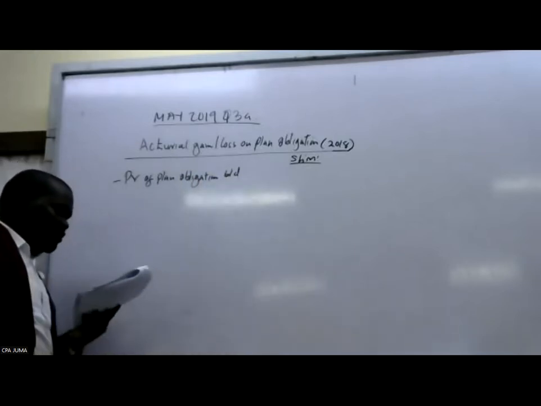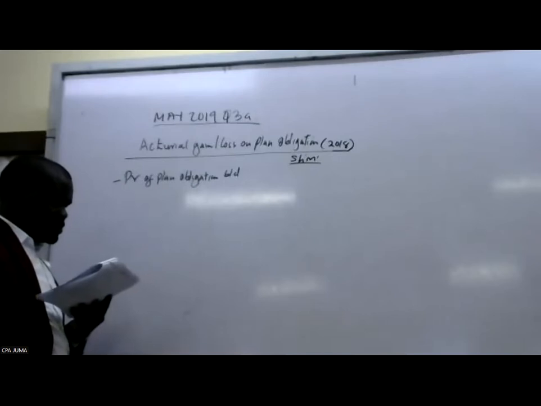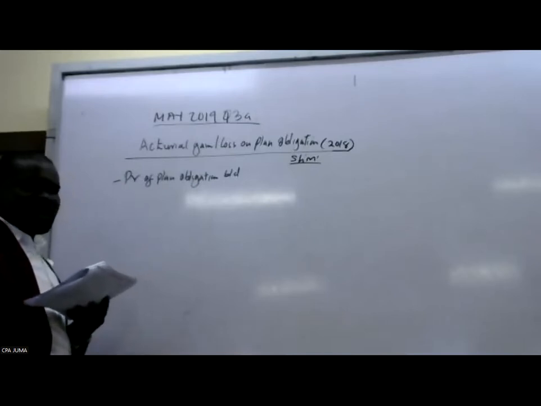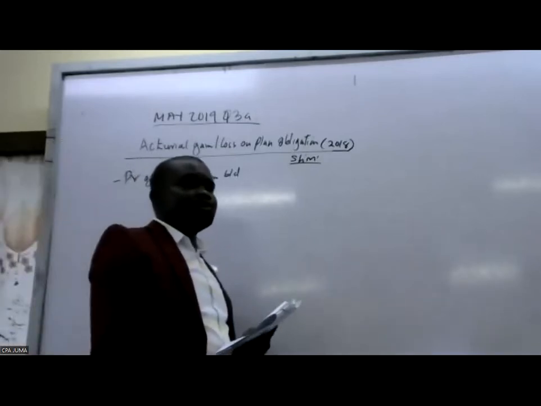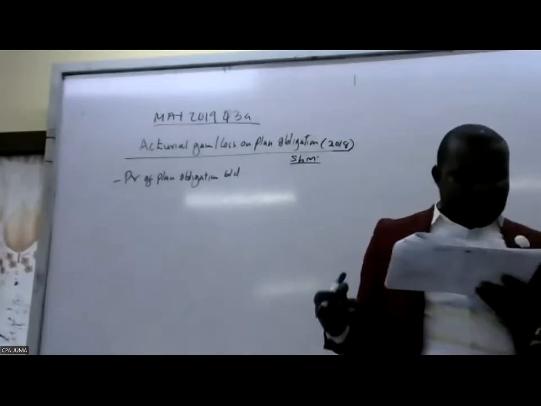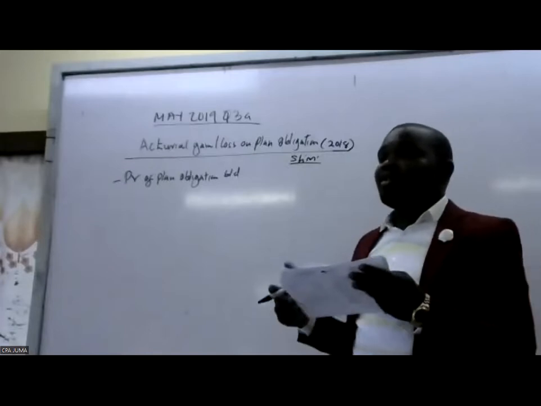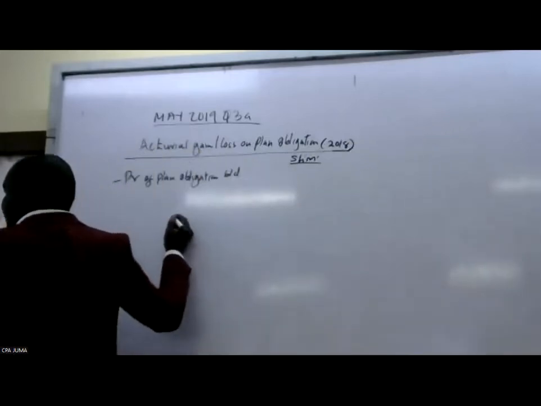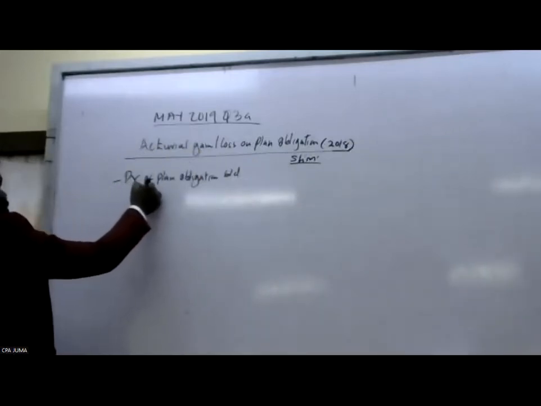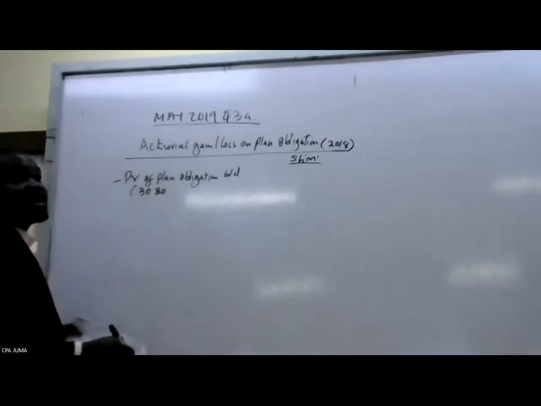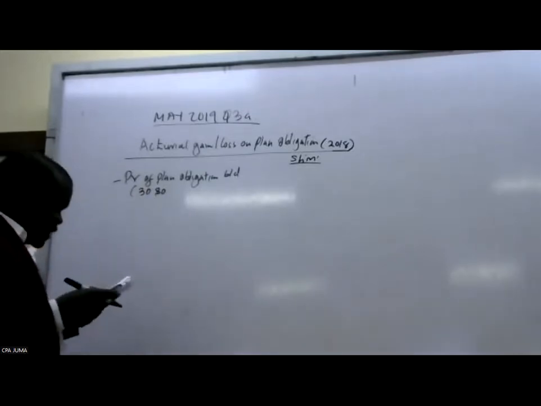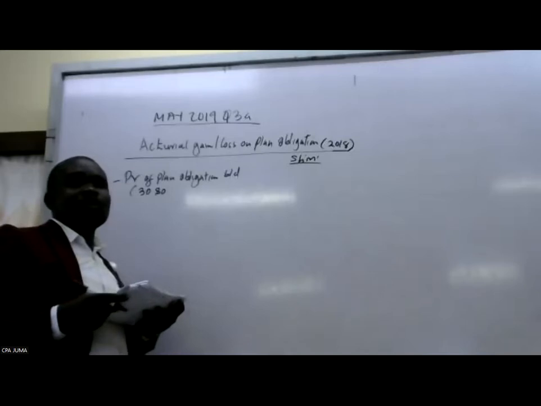How much was the plan obligation at the start? Where the question started. It's 3080. The present value, yes, 3080. However, fair value is always for the assets. 3080, but check note number 2.